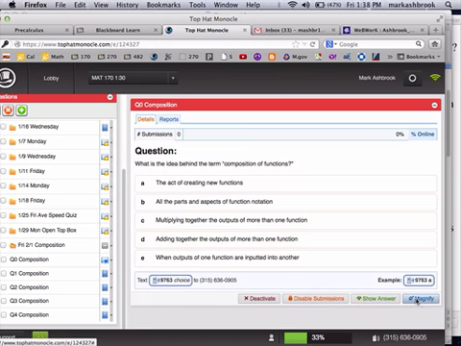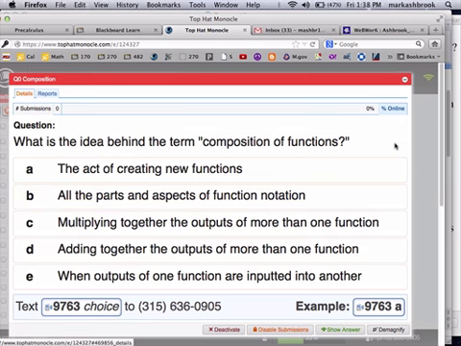Okay. So one question about your reading. Just a minute or two. What's the idea behind the term composition of functions?